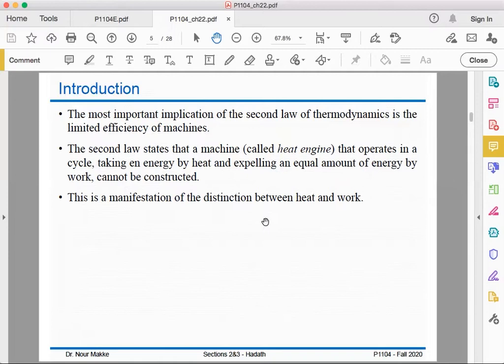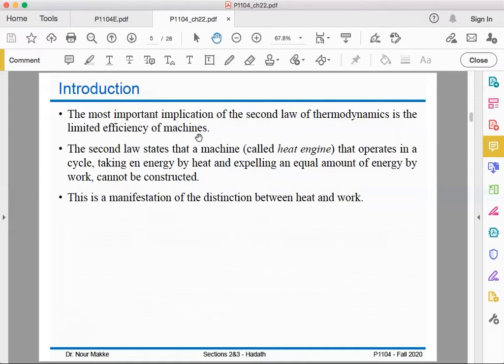One of the clear manifestations of this distinction is that in reality we cannot build a machine that, as much as we give it heat, produces work. So clearly there is something different between the heat and the work, so they cannot be treated in the same way. And this is something we see in real life, which translates practically into the limited efficiency of machines.